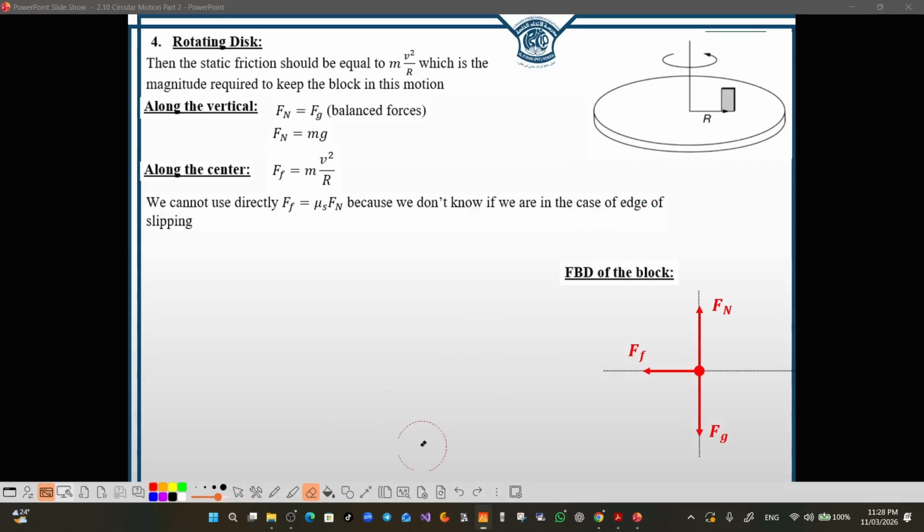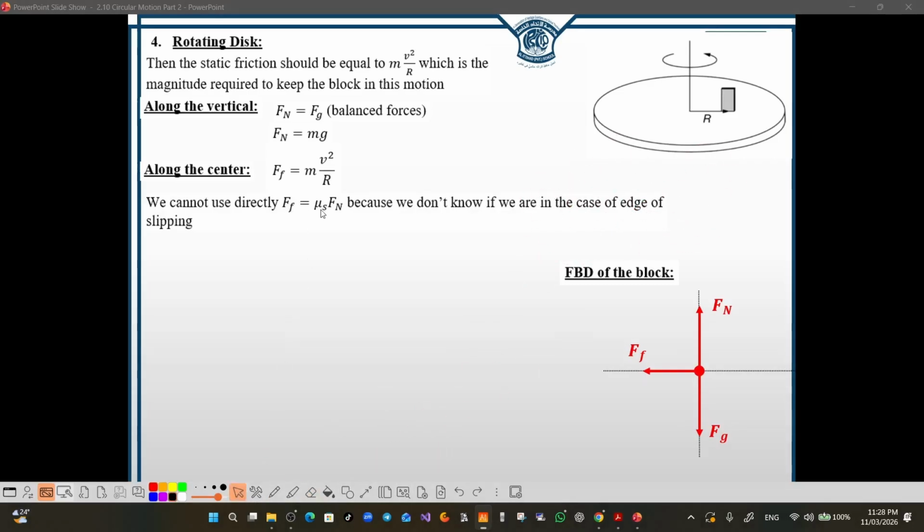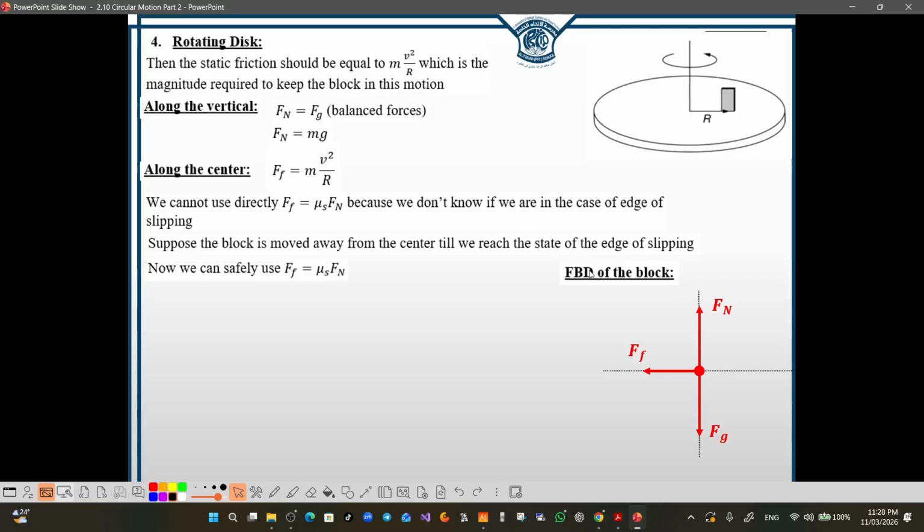Now here we cannot directly apply the relationship Ff equals mu s Fn, unless the case is at the edge of slipping. So suppose the block is moved away from the center till we reach the state of the edge of slipping, which means now we have the maximum possible value of the friction.